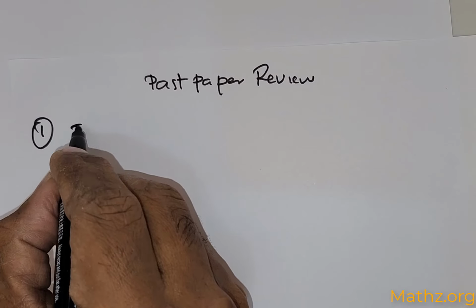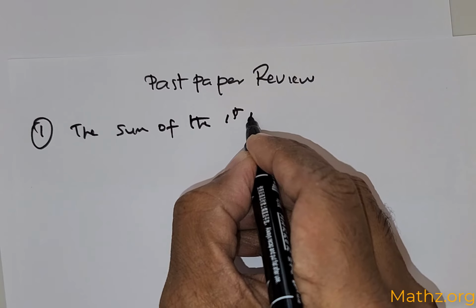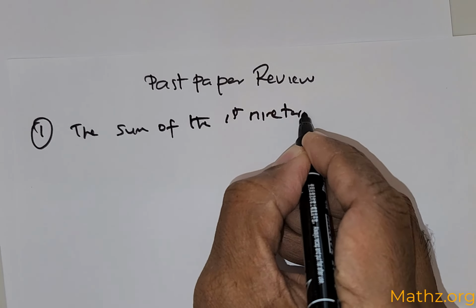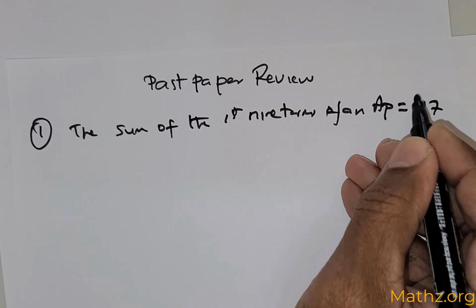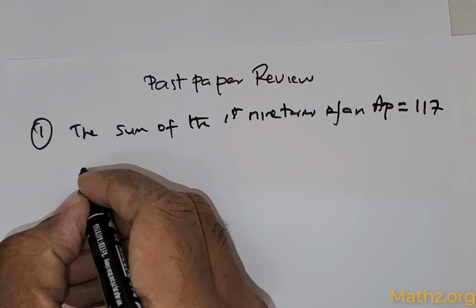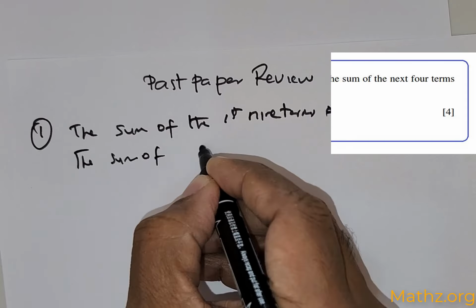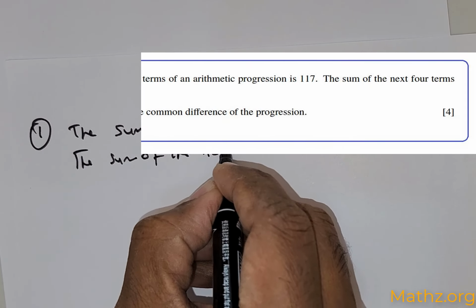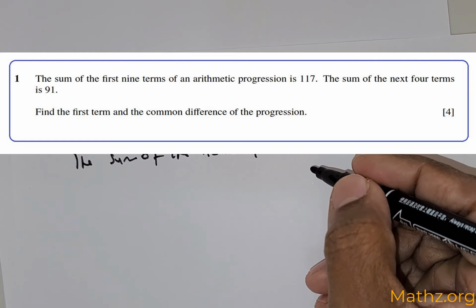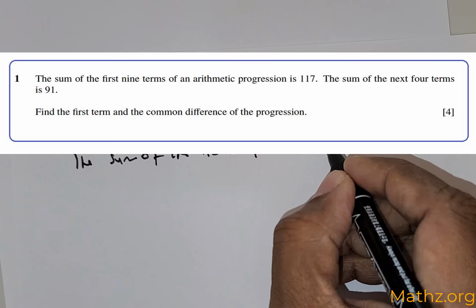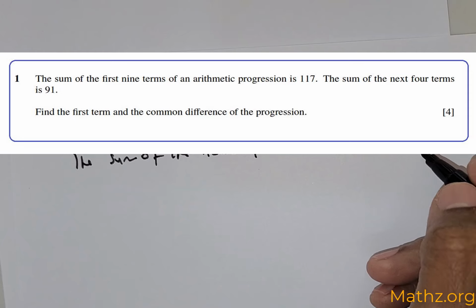The question is: the sum of the first 9 terms of an AP is given to be 117, and the sum of the next 4 terms is given to be 91.